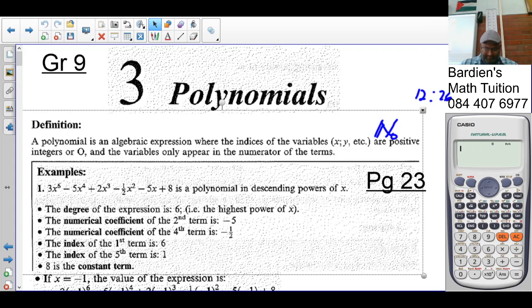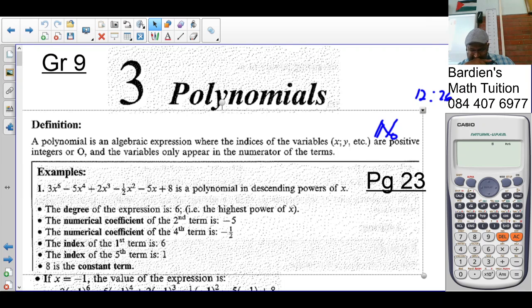Right, number 2. The sum of the 2a plus 5b all squared, correct? The answer is 4a squared plus 20ab plus 25b squared. Number 4 is 25x squared minus 60xy plus 36y squared.